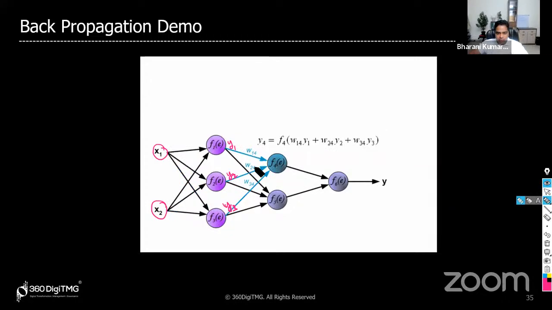Then these weights are also randomly initialized. So you have the integration. This weight into y1, plus this weight into y2, plus this weight into y3, would give you the integration component. And then you pass it to your activation, then you get y4.